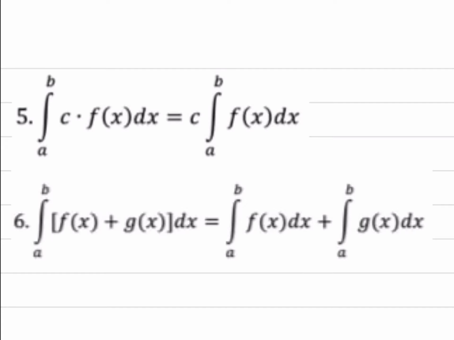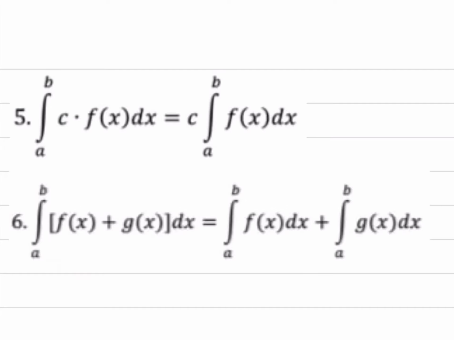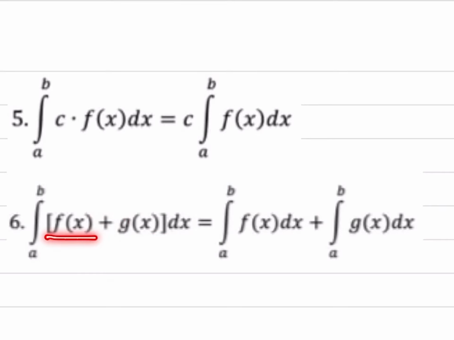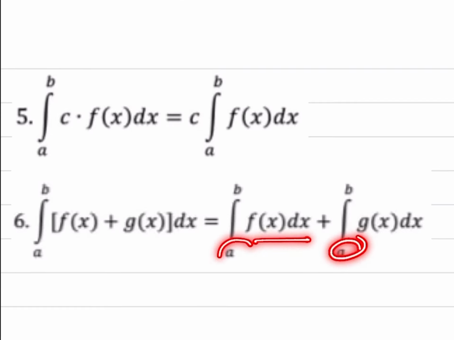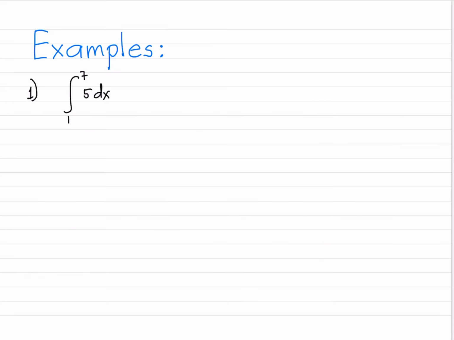Then the last property says the integral of the sum of two functions over an interval a to b is equal to the sum of their integrals over the same interval. So let us apply the different properties in the following examples.